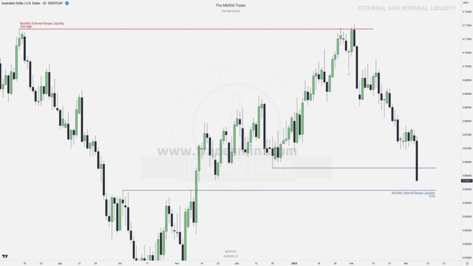After this monthly external range liquidity has been taken, we're going to look for a monthly internal range to be the drawn liquidity. We have this outlined down here. Now we need to wait for a little bit of confirmation as always, so we wait for a break of structure that happens after we rate the monthly external. Break of structure down here, return back into premium, and it continues down into that fair value gap.